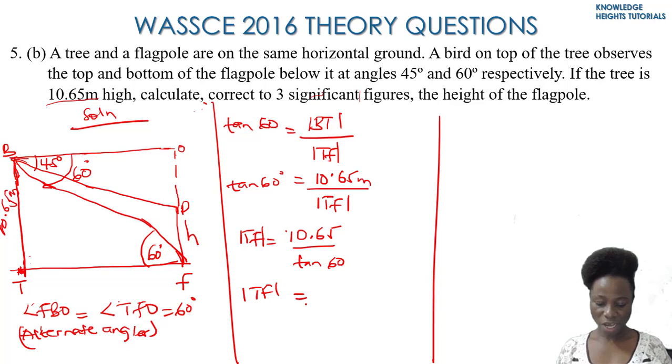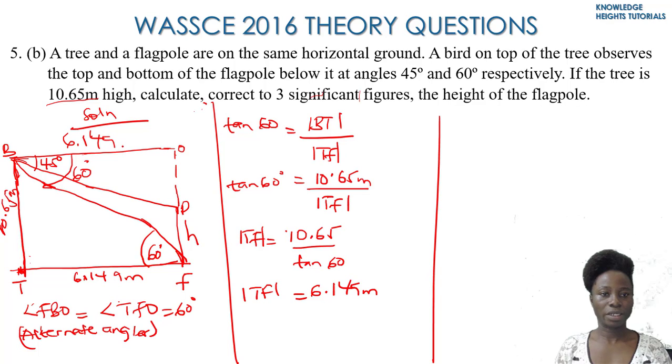So 10.65 over tan 60 will give us what? 6.149 meters. So line TF is 6.149 meters, which means that line OB is also 6.149 meters. I hope you are following.